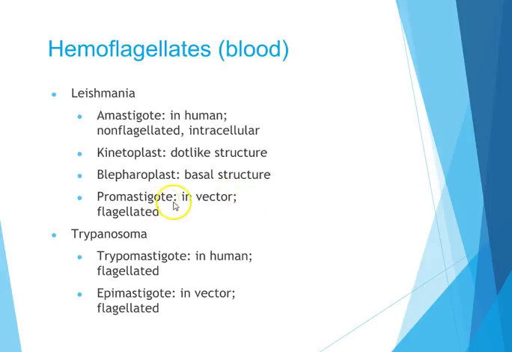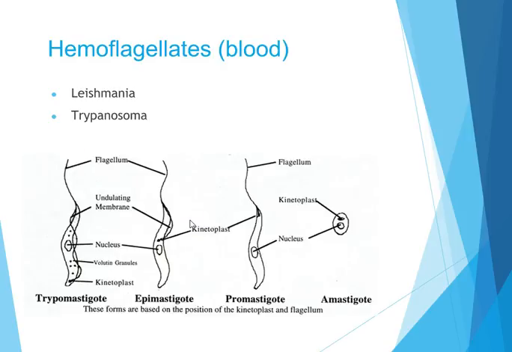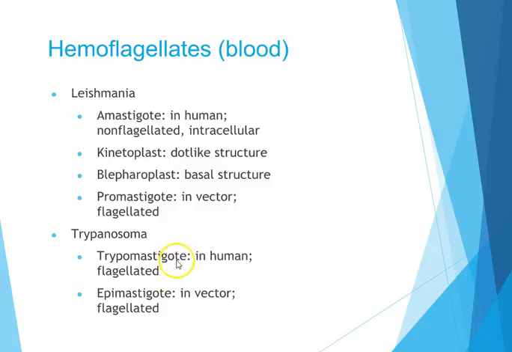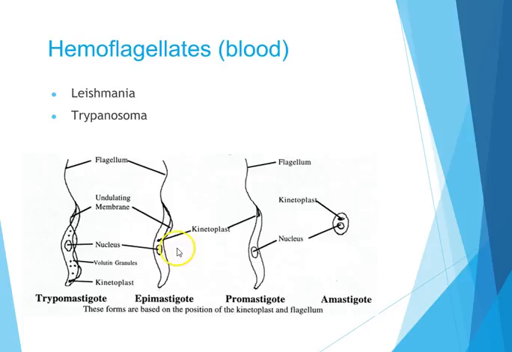The promastigote is found in the vector, so we don't see it in the patient sample, and it has flagella, and this is a diagram of what that looks like. In Trypanosoma, there's two phases. The trypomastigote is seen in the human, and the epimastigote is seen in the vector, and both of these have flagella.